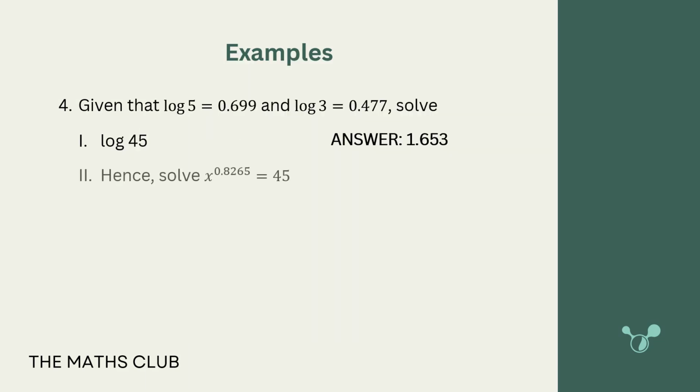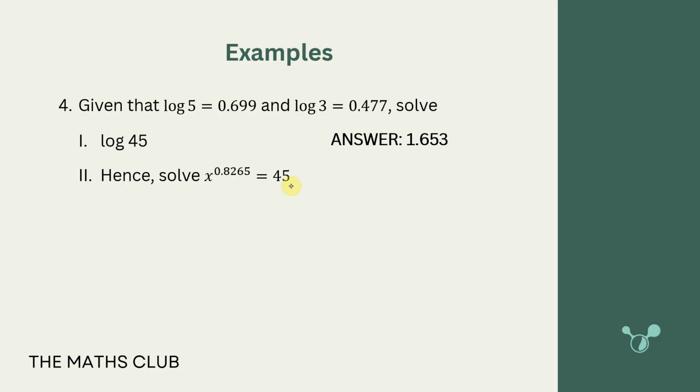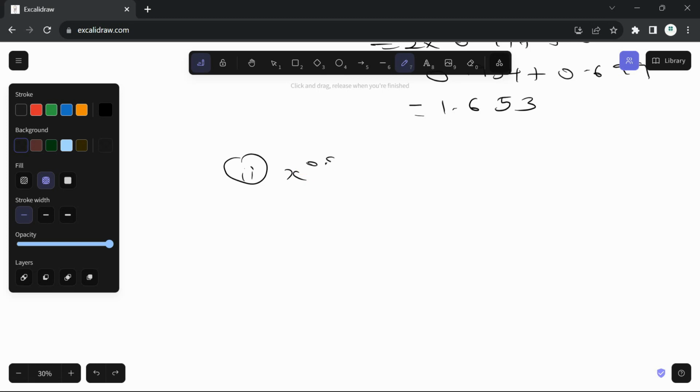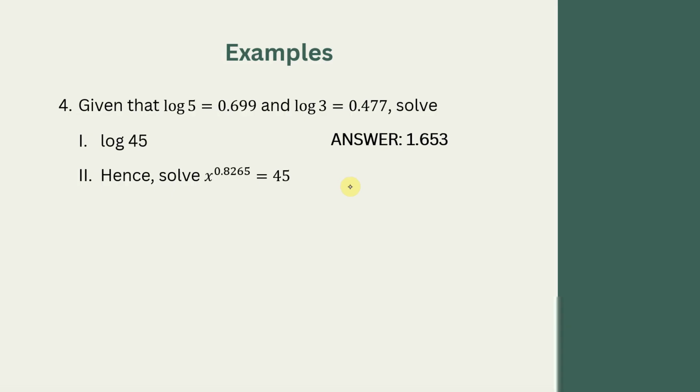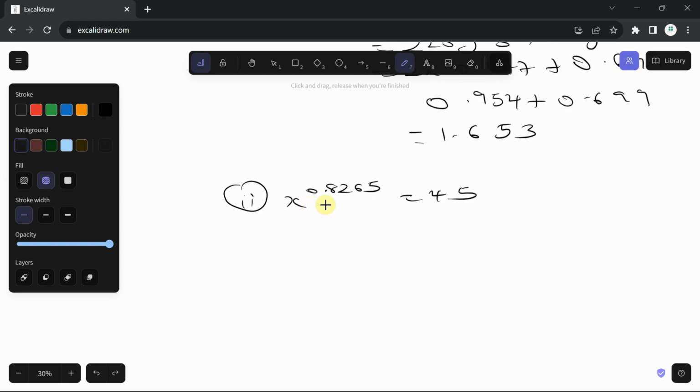So the other part is saying that hence we should now solve x raised to the power of 0.8265 is equal to 45. So we'll take the logarithm of both sides.